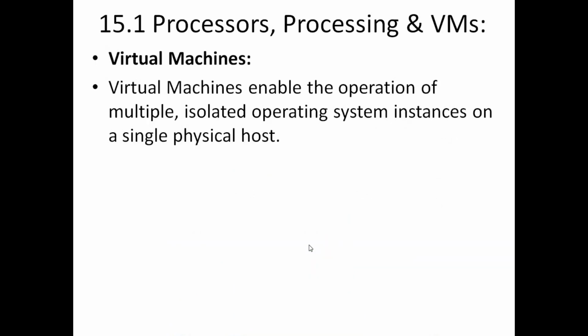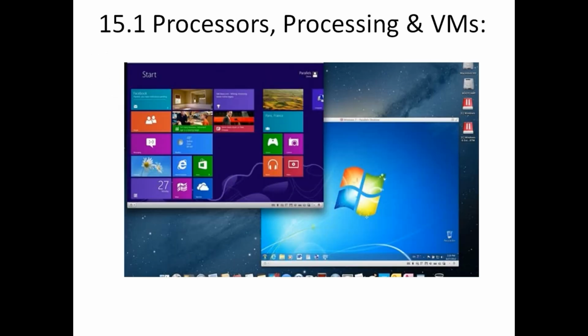So this concludes everything you need to know about types of processors and their architecture and the architecture of the instruction set. Then the last thing we have in 15.1 is the concept of virtualization, or virtual machines. Virtual machines enable the operation of multiple isolated operating systems on a single physical host.